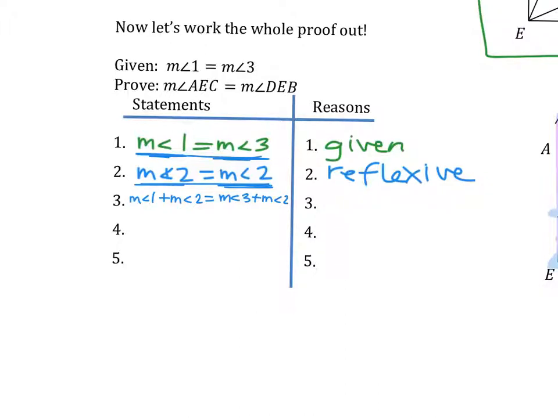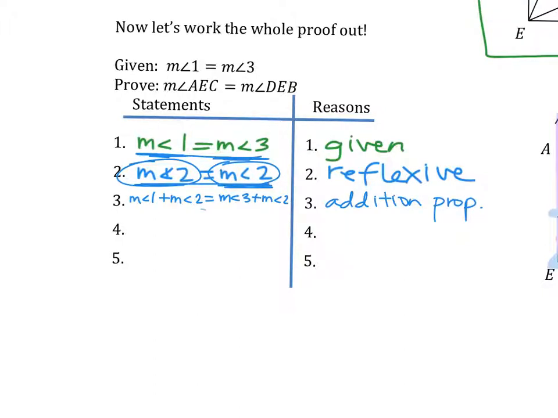Do you know which property that is? I added the same thing to both sides of my equation. It's the addition property. I added angle 2 to both sides. So that's your addition property.